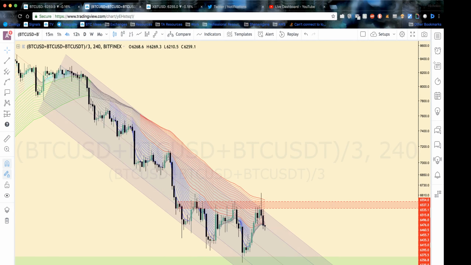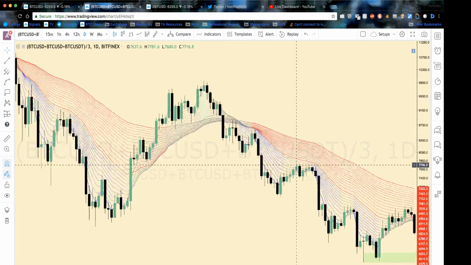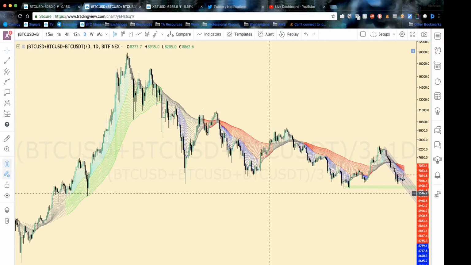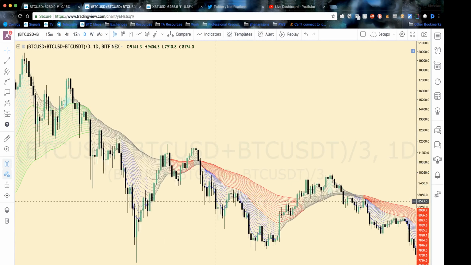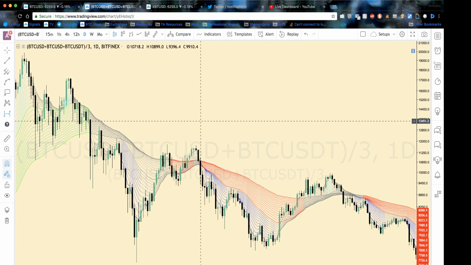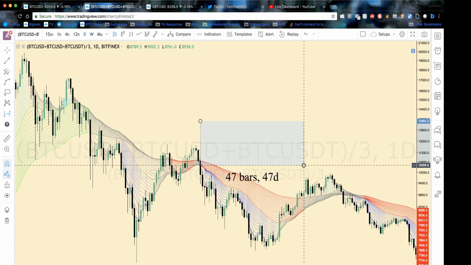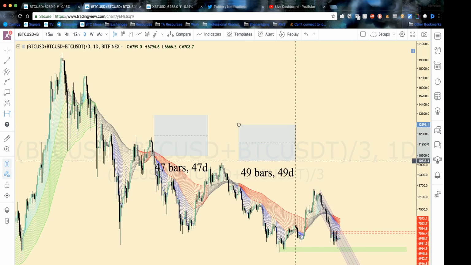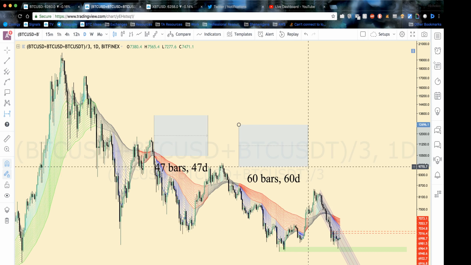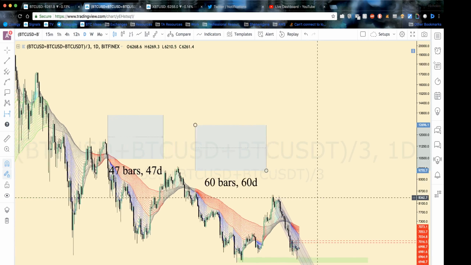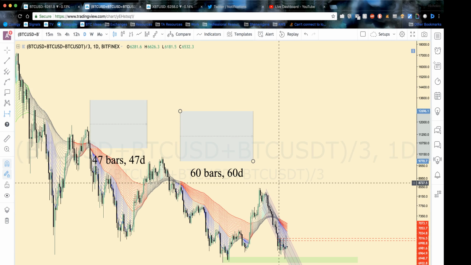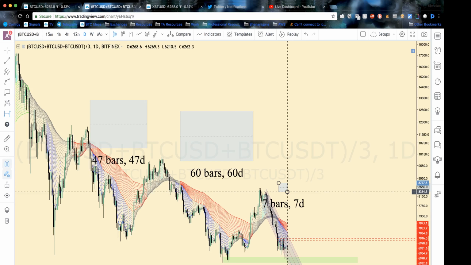Also, the daily guppy was interesting because if you look at the times the guppy has been bearish, here 47 days, here 60 days, here we've only been bearish for 7 on the daily.